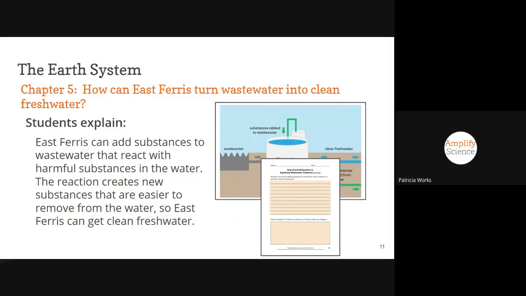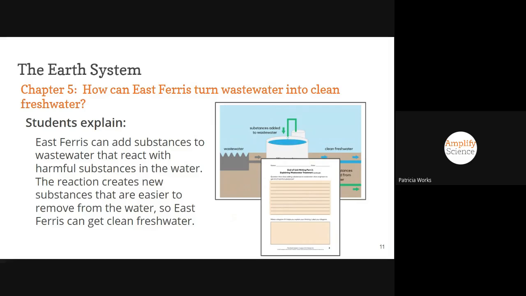They'll decide which substances to combine to control the results of chemical reactions as they design solutions to protect Earth's resources. In Chapter 5, students analyze images and diagrams of chemical reactions and manipulate substances in reactions to determine which combination of substances cause certain observable results.